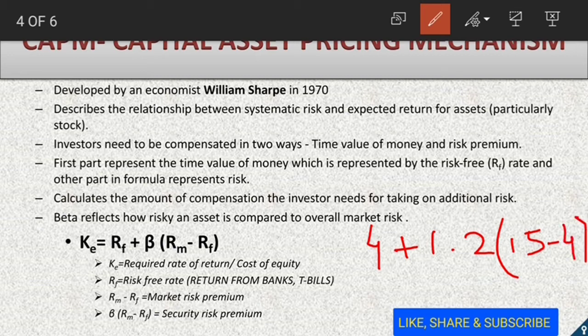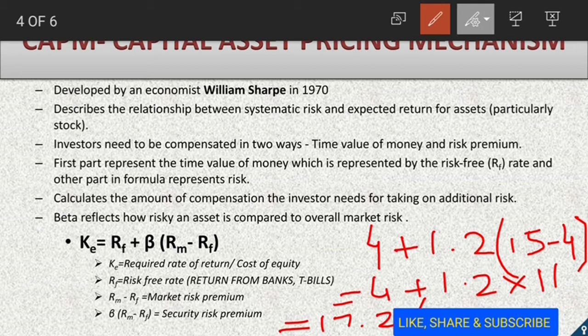Now if we calculate, the complete value will be 4 plus 1.2 multiplied by 11. The answer will be 17.2%. So, what return will Ram get if he invests his money in Tata Motors whose beta is 1.2?